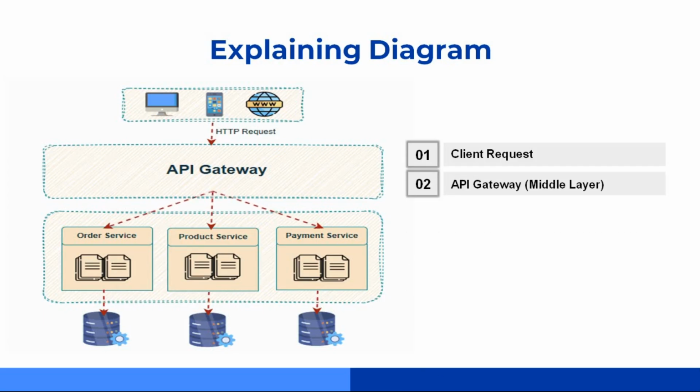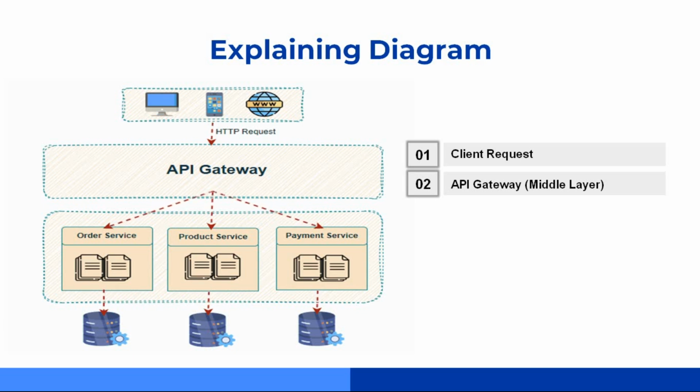Step 2, API gateway, middle layer. Instead of letting clients directly interact with each microservice, we have an API gateway in place. This is the central entry point. It receives the client's request and determines which microservice it should go to. Meanwhile, the API gateway will check the request URL and then redirect it accordingly.